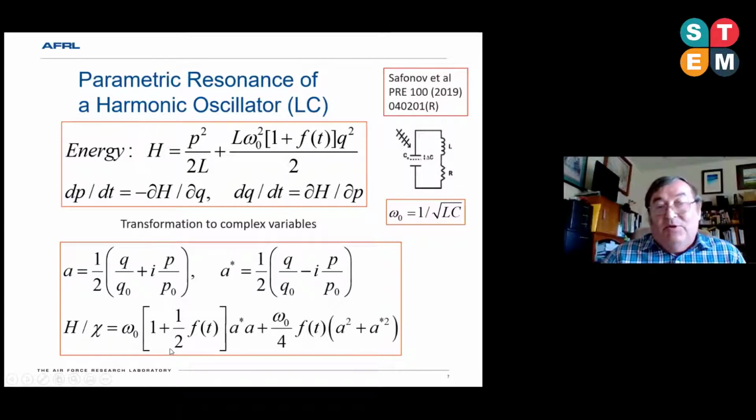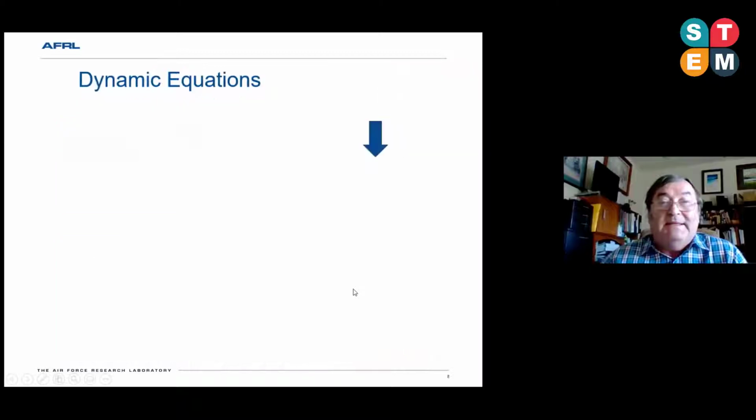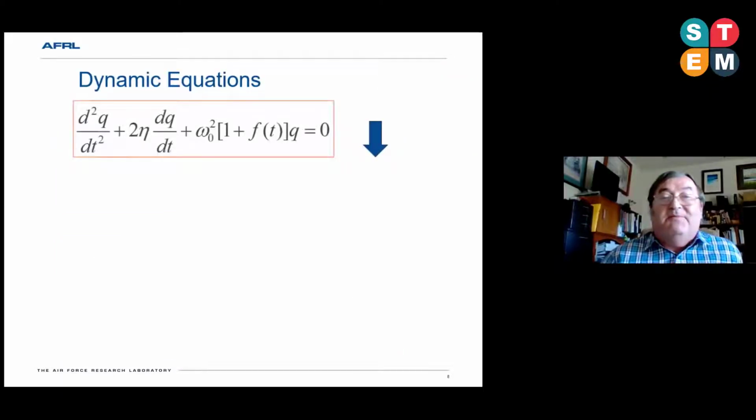And the Hamiltonian looks like a conventional harmonic oscillator Hamiltonian in quantum mechanics, but we have modulation of frequency and we have non-diagonal terms with some modulation. Okay, why is this procedure very useful?